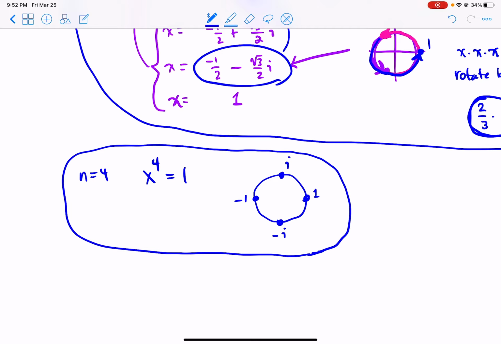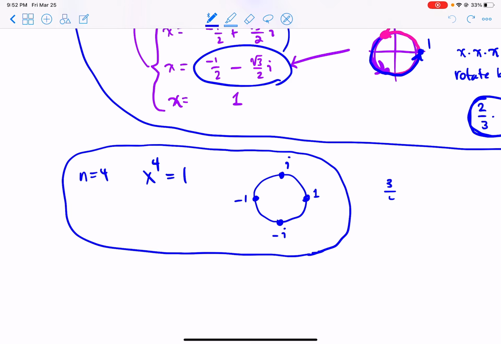Because now we're just going to rotate a fourth of the way. 1/4 of 2 pi is the rotation associated to i. And the others, 2/4 and 3/4 of 2 pi, would be this rotation, and that's minus i.